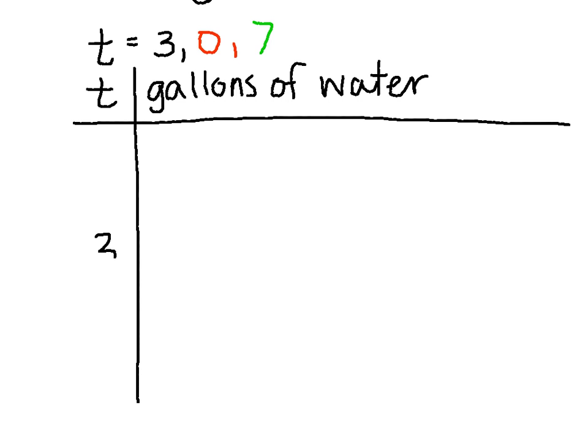So the first one is 3, and there's 0, and there's 7. For 0, it tells you in the problem that the initial condition is 5,000. So the tank starts with 5,000 gallons of water. So that is the value at t equals 0.